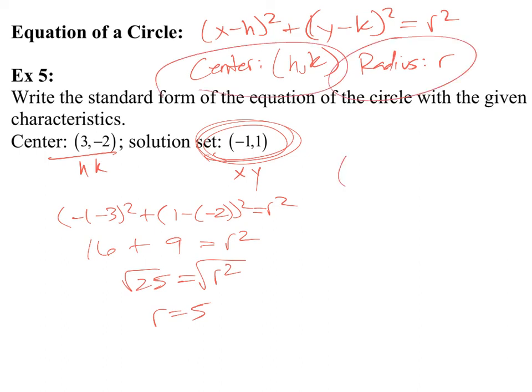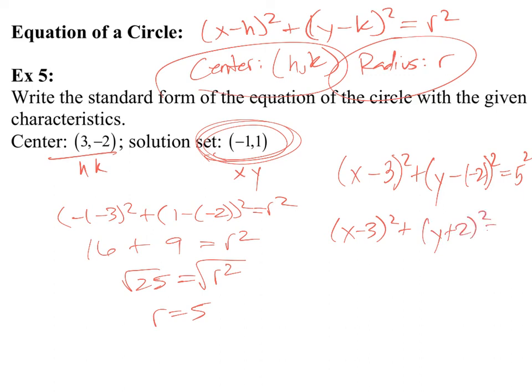All right, so it's going to be x minus h, which is 3, squared, plus y minus k, which is negative 2, squared, equals r squared. So I get (x minus 3) squared plus (y plus 2) squared, and that equals 25. All right, and that's all there is left to do with this type of problem. Don't start foiling and all that business. You're done at this point. You wrote the equation of a circle.